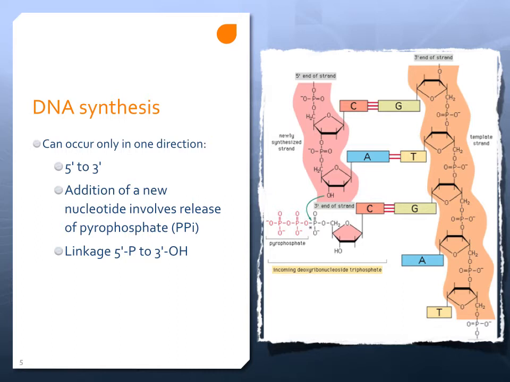When the newly entering nucleotide arrives, it will have 3 phosphates, so it is a nucleotide triphosphate. And the reaction catalyzed by the DNA polymerase will be the removal of the 2 phosphates at the end of the triphosphate, and it will use the energy released by the removal of the 2 phosphates in order to add the phosphate group on the OH end of the previous nucleotide.